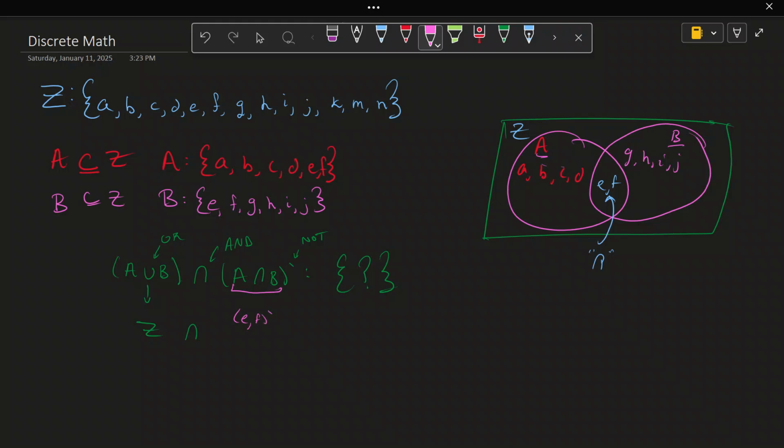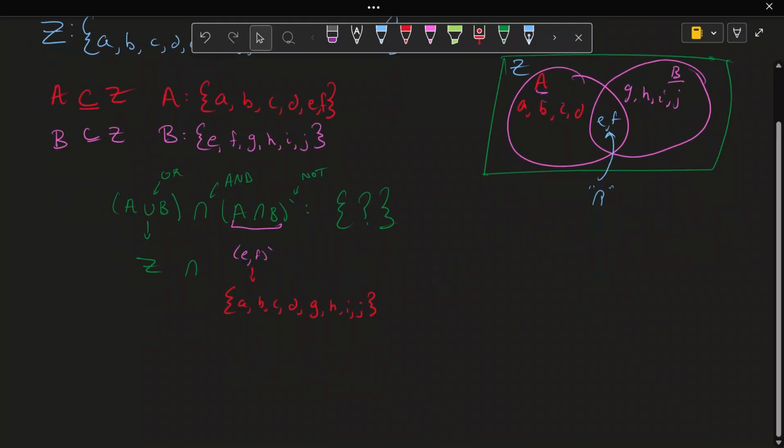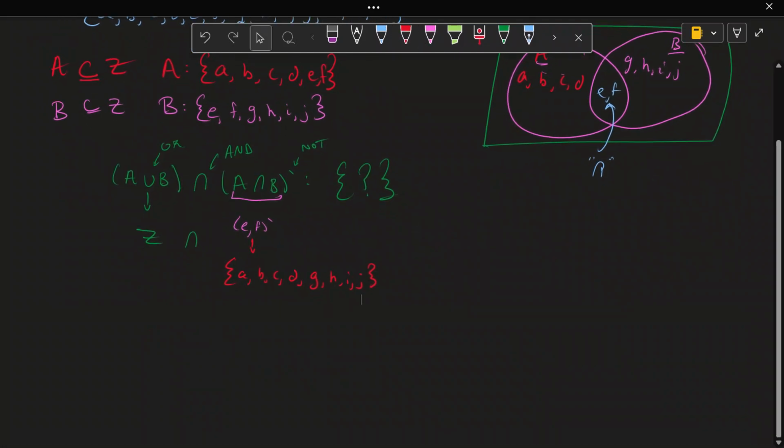So they have everything that is not E and F. So this becomes A, B, C, D, skip E and F, G, H, I, J. This is the set that corresponds to A and B not. But now we have to find the intersection, or the quote-unquote and symbol, of Z and this A, B, C, D, G, H, I, J.